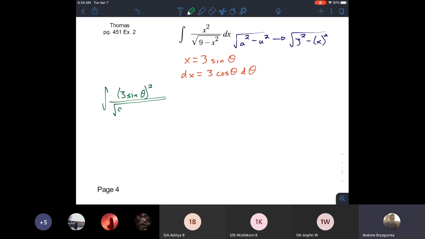Down at the bottom, we're going to get 9 minus, and then same thing, 3 sine theta squared. I'll rewrite sine so it's a little better. Now, one thing that we have to remember as well, we still have to substitute for that dx, and dx is supposed to be 3 cosine theta d theta. So I'm going to multiply that at the end as well.